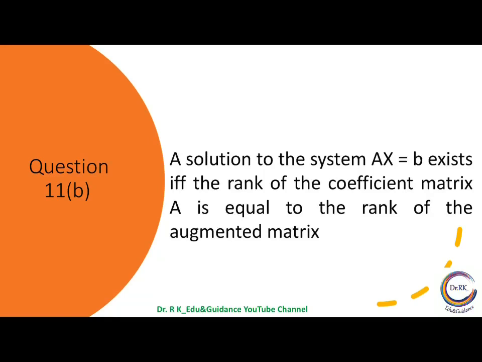Next is the existence of a solution to a non-homogeneous system Ax equal to b. We know this actually. When we say a system of non-homogeneous equations Ax equal to b is consistent, or a solution exists, that is when rank of A equals rank of B, where B is the augmented matrix, which contains A as well as b.